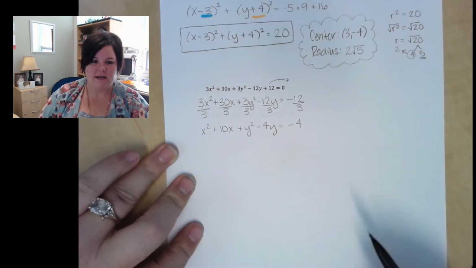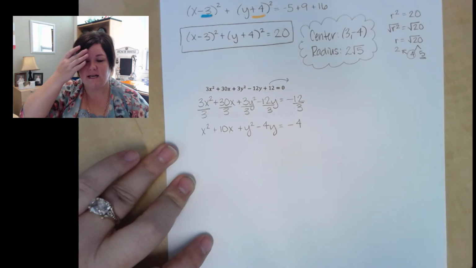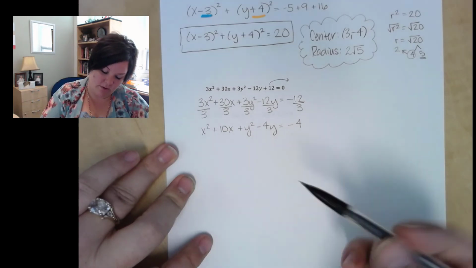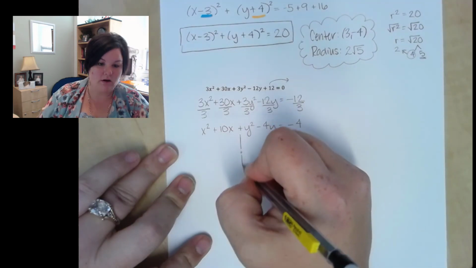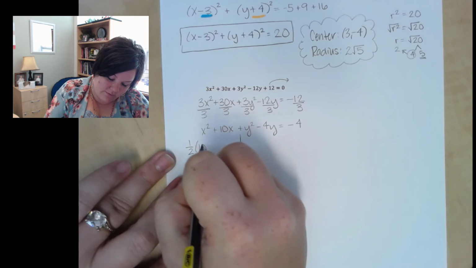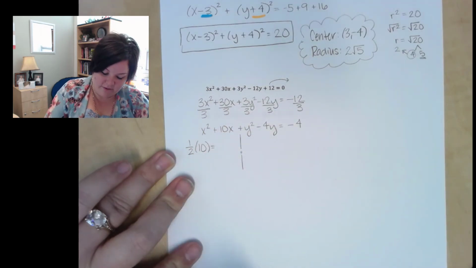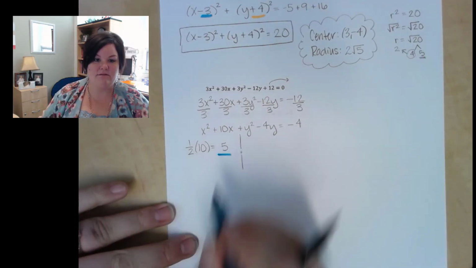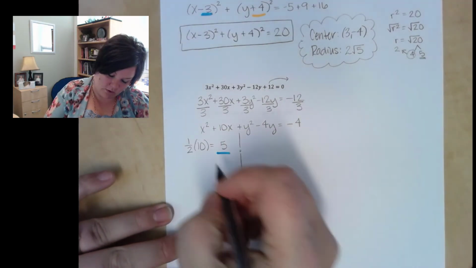Okay, all right, so now we have our constant on the right side. We have our x's together, our y's together, so now we can go ahead and complete the square. For our x's, we're going to take half of our x term coefficient, which is 10. Half of 10 is 5. So we're going to take that 5 and put it in our squared quantity.